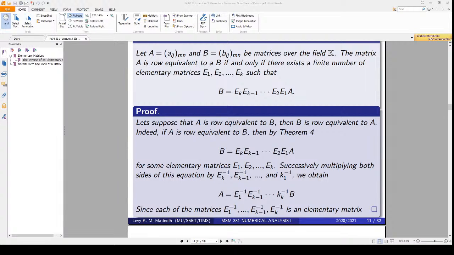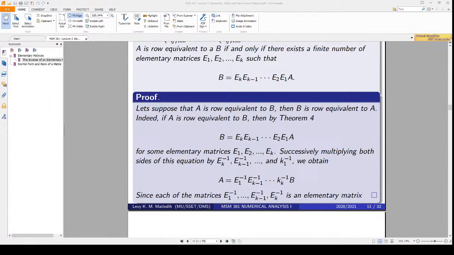So now you see, remember in theorem number 6 we said that every elementary matrix is invertible.